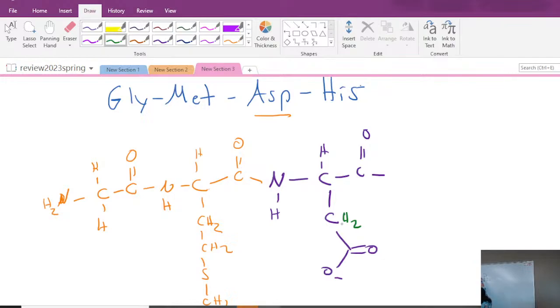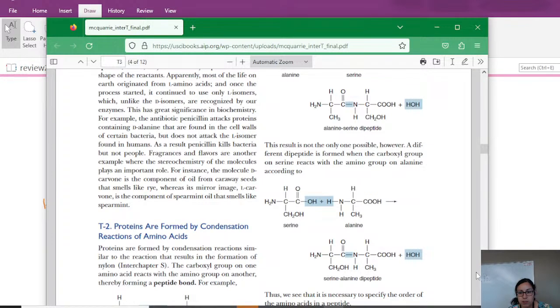So C double bond O of aspartic makes our new amine connection. And going back to the book representation, then you just continue along. So carboxylic acid, lose the OH, attach your next amino acid.